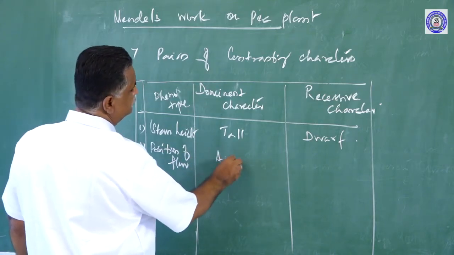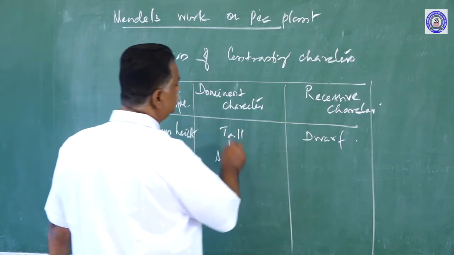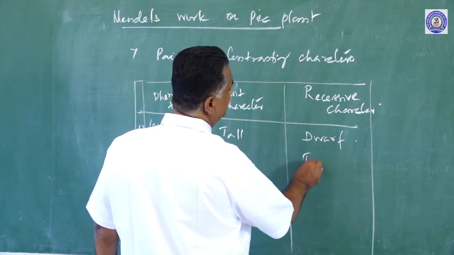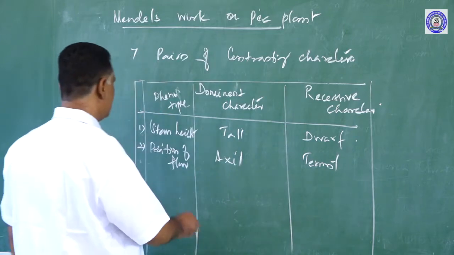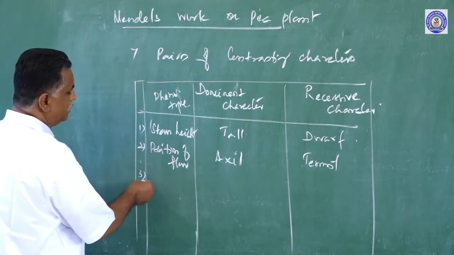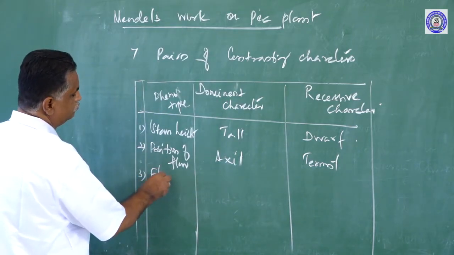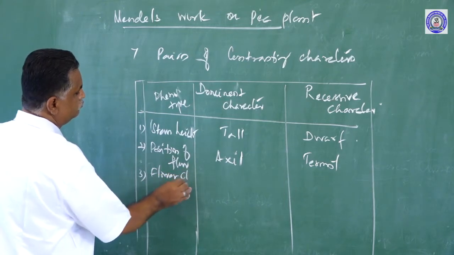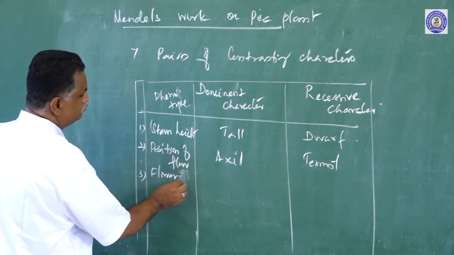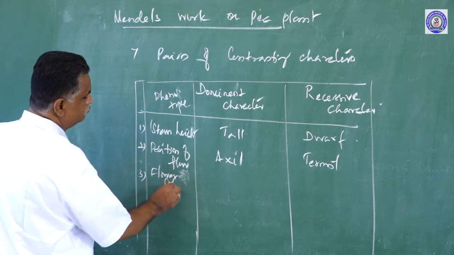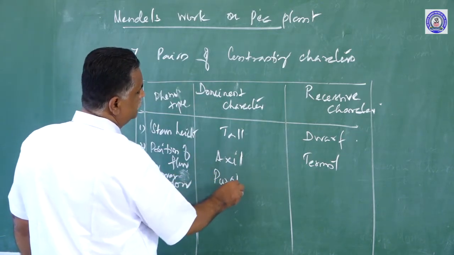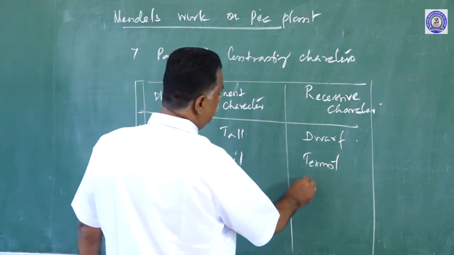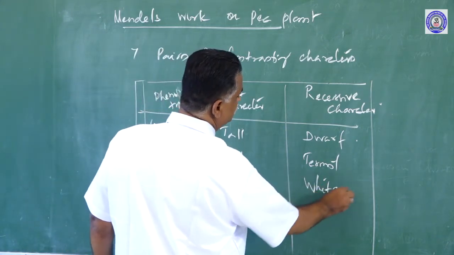Axial or axillary is the dominant character, terminal is the recessive character. And flower color, purple is the dominant character, white is the recessive character.